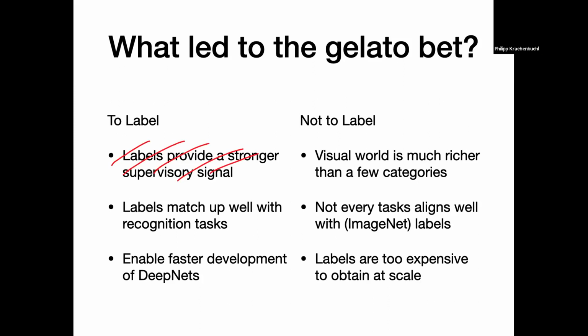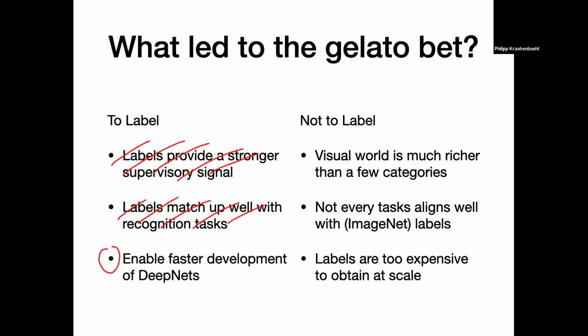We have MAE, and they can reach pre-trained models that are either at the level of labeled pre-training or outperform labeled pre-training. Labels match well with recognition tasks. Well, MAE showed that not using labels also does that. Now, they still enable faster development of new architectures. Not everybody might do this anymore, but that's still one that remains valid.